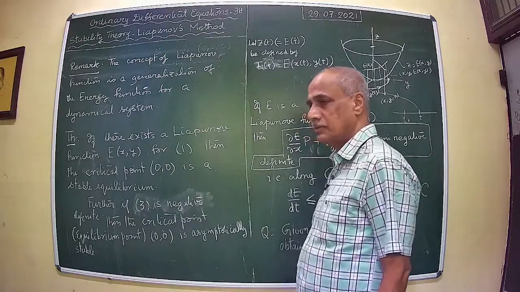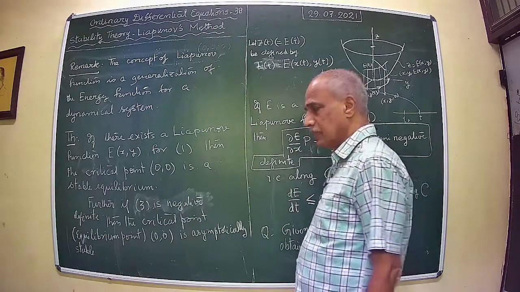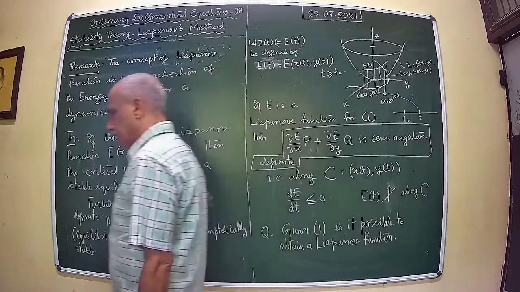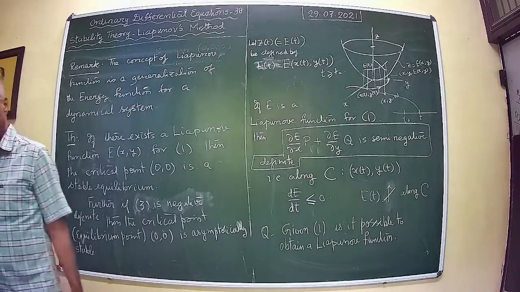That means the limit of (x(t), y(t)) as t tends to infinity goes to (0, 0).